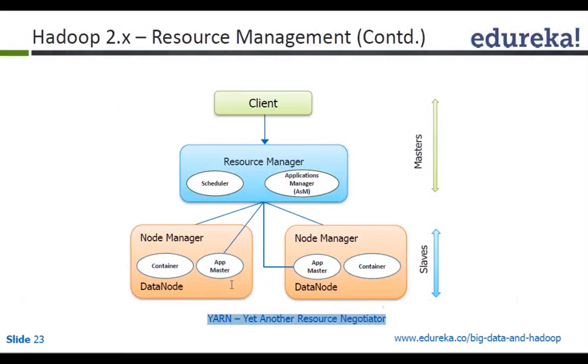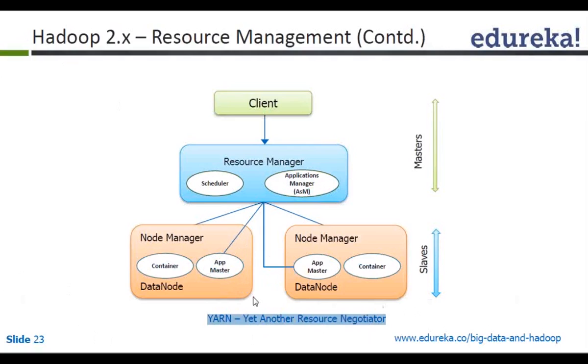Cool. Manish had a good question. Will resource manager have multiple instances? No, resource manager is one component. If the resource manager is down, then no processing can happen. For HDFS, high availability is important, but for processing, there is no high availability. Got it? YARN is a concept like big data and Hadoop, right?